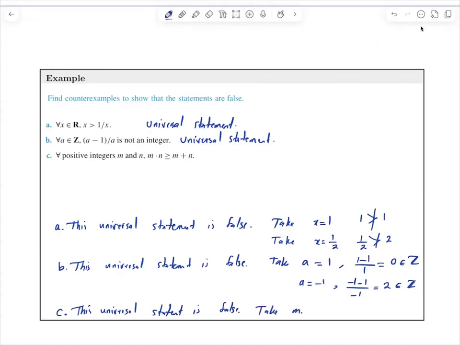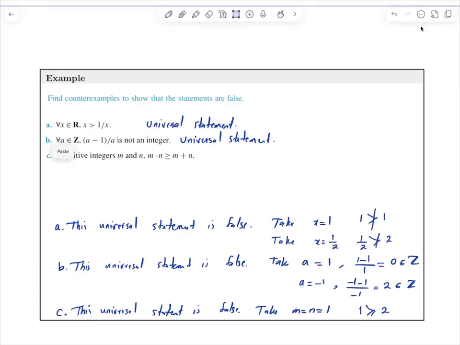Take m and n to both be 1. 1 times 1 is 1, which is not more than or equal to 1 plus 1, which is 2. So we found a counterexample. This universal statement is false as well.